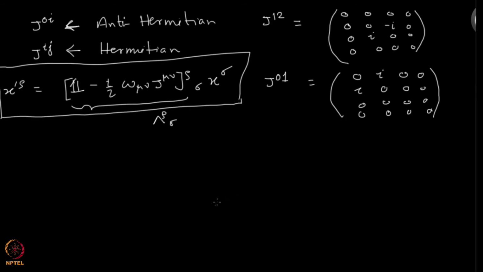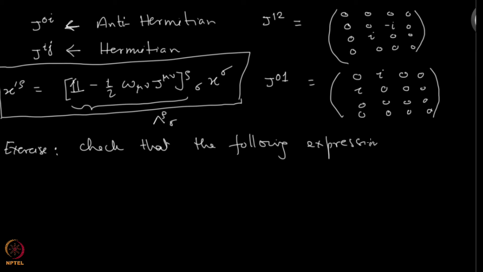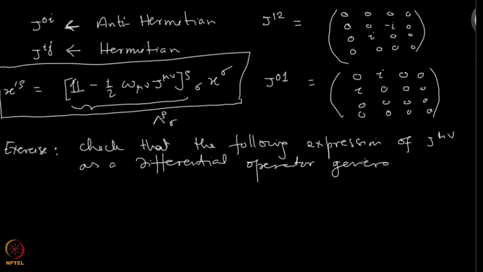Now, I have an exercise for you. Check that the following expression of J mu nu as a differential operator generates the correct delta x mu.